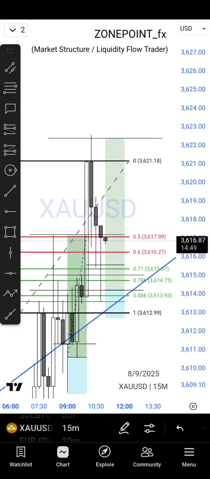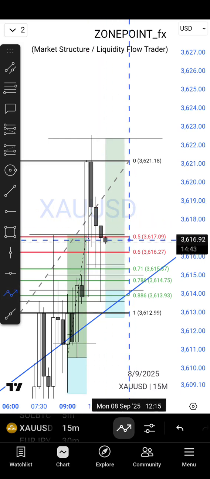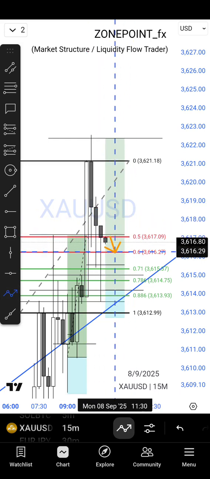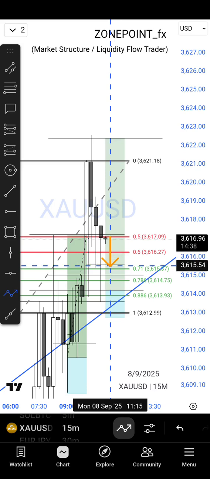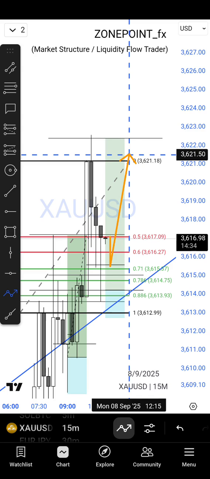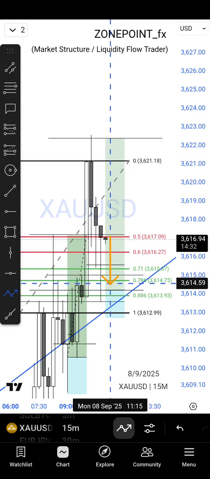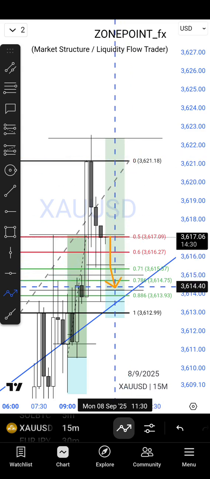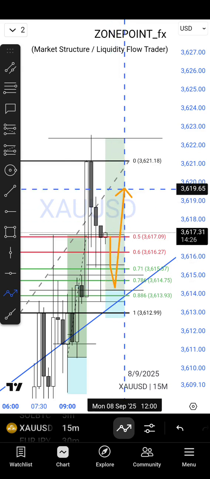which I said earlier that I'm going to sell down first before moving up. Initially I said we are going to sell down like this to this level before moving up, or sell down to this level here before moving up.